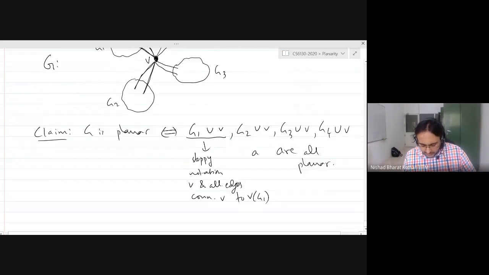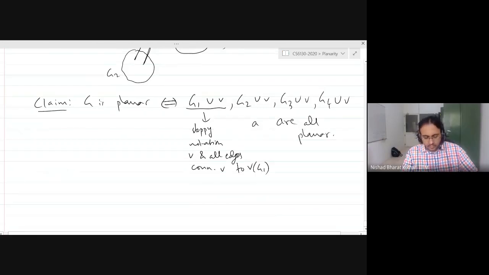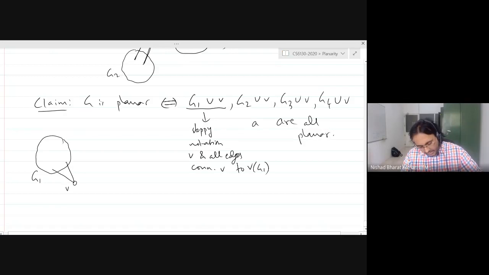Does everybody believe this? What is the reason behind this? Supposing G1 plus V is planar and G2 plus V is planar, right?